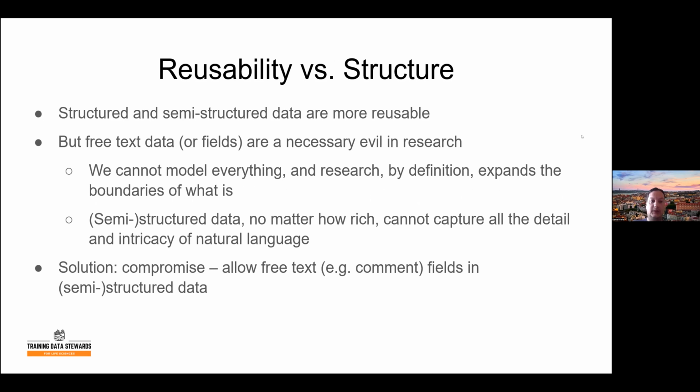Of course, as we've seen so far, structured and semi-structured data are more reusable, but you cannot enforce only structured or semi-structured data. Free text data fields or free text data sets are a necessary evil in research, for several reasons. One is that you cannot model everything. You cannot have a data model that encompasses everything, particularly not in research, because research by definition expands the boundaries of knowledge.